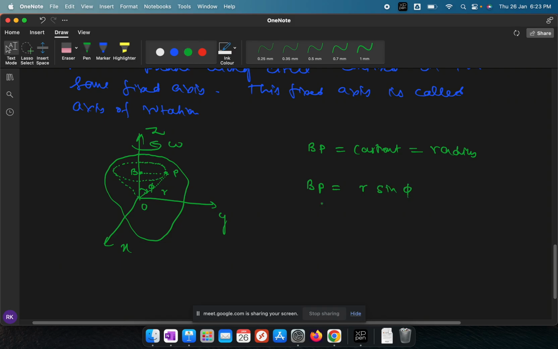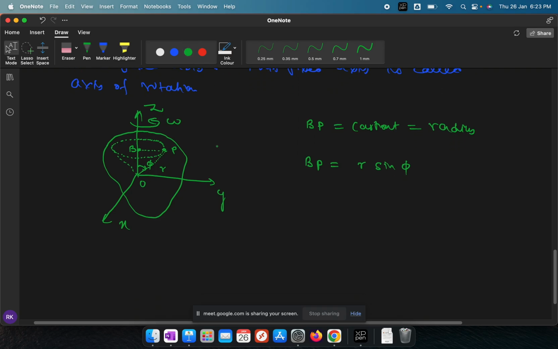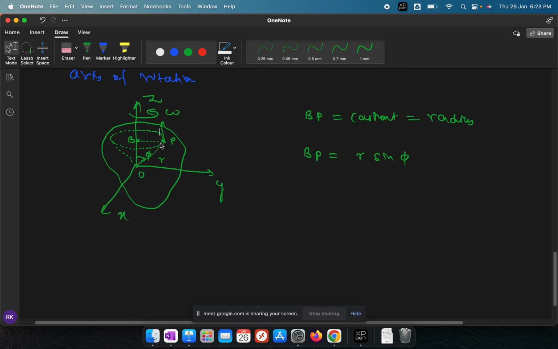Now I want to determine the velocity of this point P. Can I easily write Vp equal to dr by dt? And this is a vector quantity.